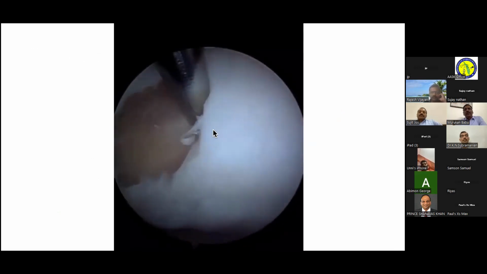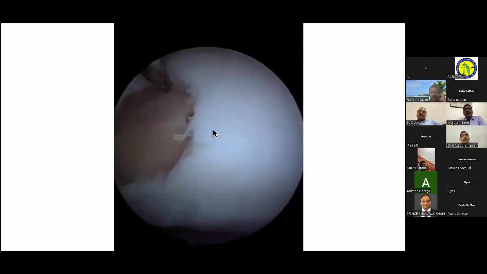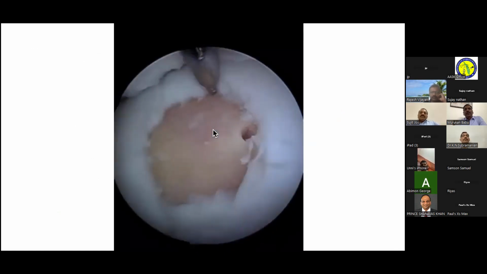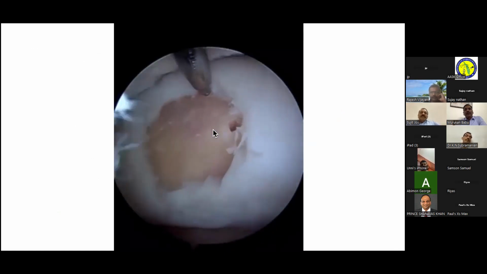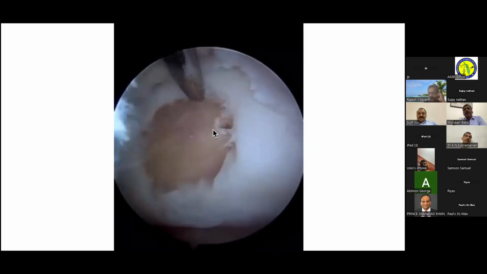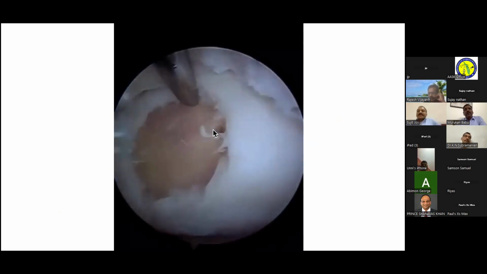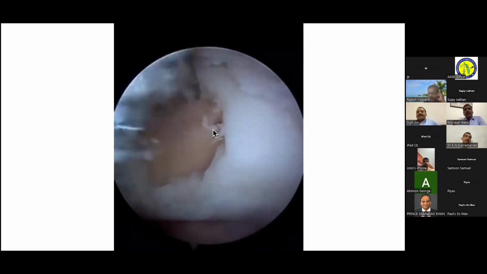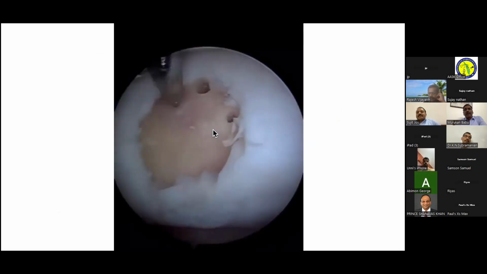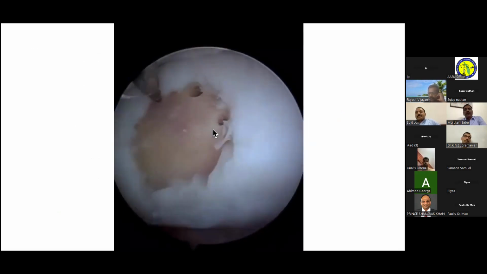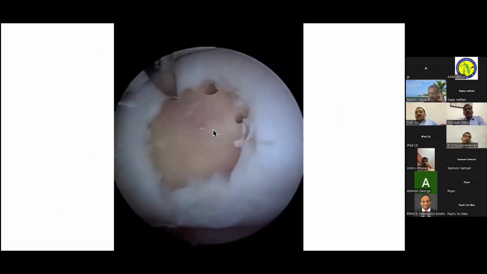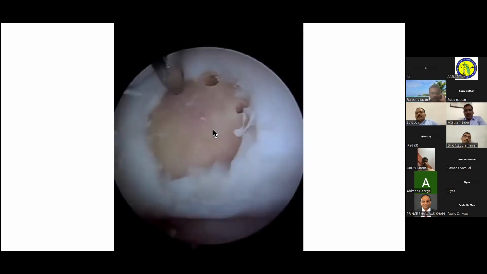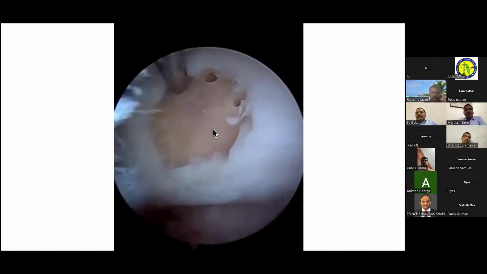Loose cartilage around this area should be removed using rongeurs or curettes, the stable cartilage should be left there, and you can start putting these holes in the subchondral area. This is microfracturing. Probably the future will be nanofracturing and other things, as demonstrated by Dr.